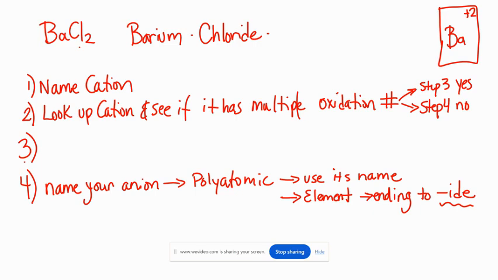Chlorate is a polyatomic ion. All 8s and ites are polyatomic ions. Okay? Polyatomic ions are on the back side of your periodic table. Those things are called polyatomic ions.